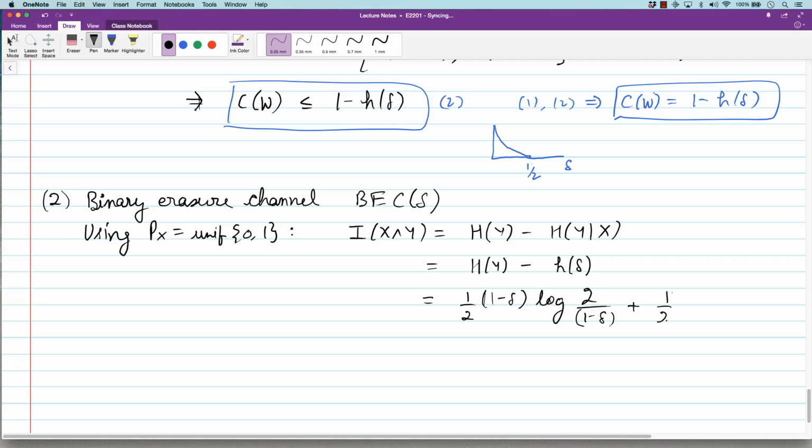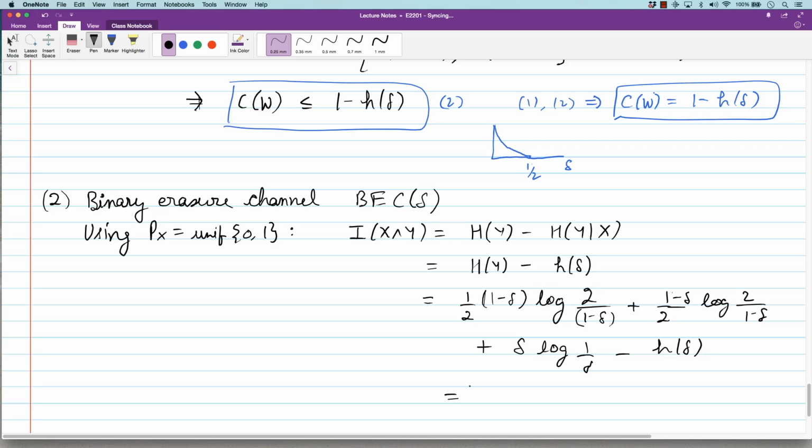That probability is half into 1 minus delta, log of 2 by 1 minus delta. What's the probability that y will take the value erasure? That probability is half plus half delta, so that's just delta: delta log 1 by delta, minus h delta.